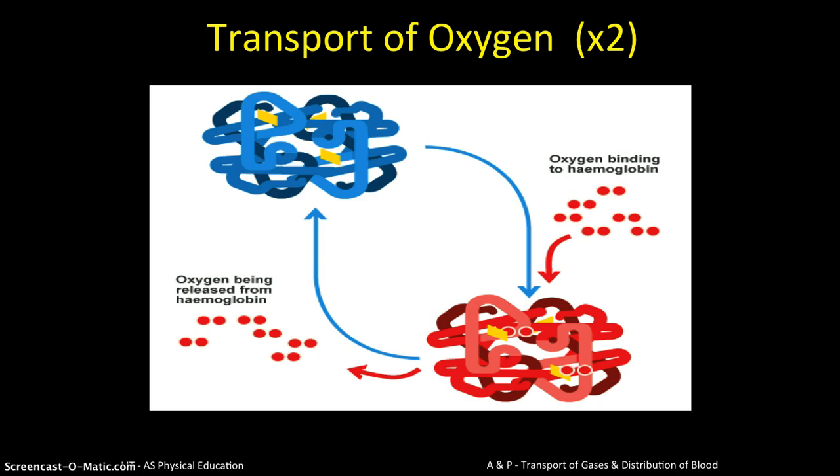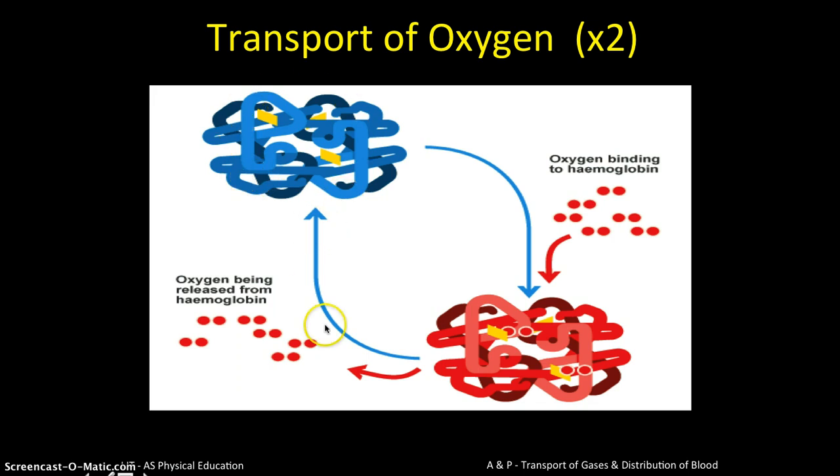So looking firstly at oxygen, there are two ways in which oxygen is transported in the blood. I'm sure that many of you will recognise that oxygen is carried by haemoglobin and is called oxyhemoglobin, and that makes it red in colour. And so oxygenated blood has a lot of oxyhemoglobin in.